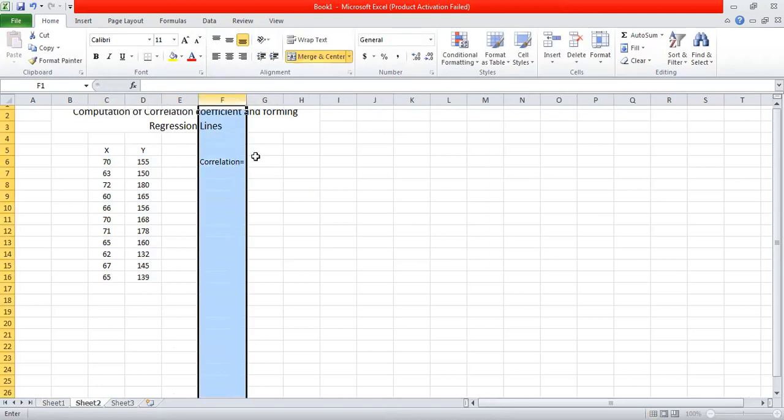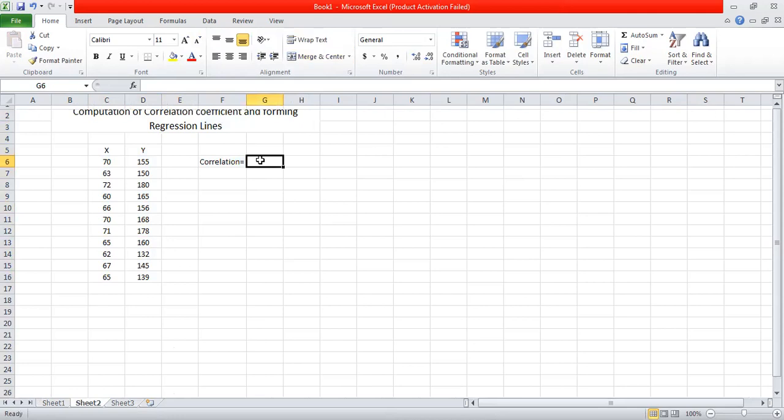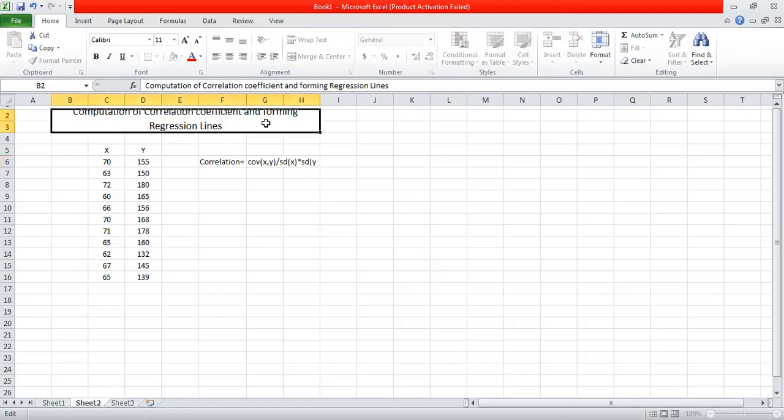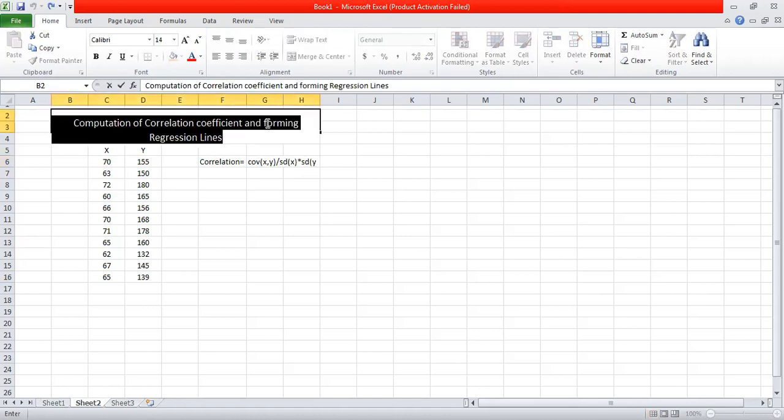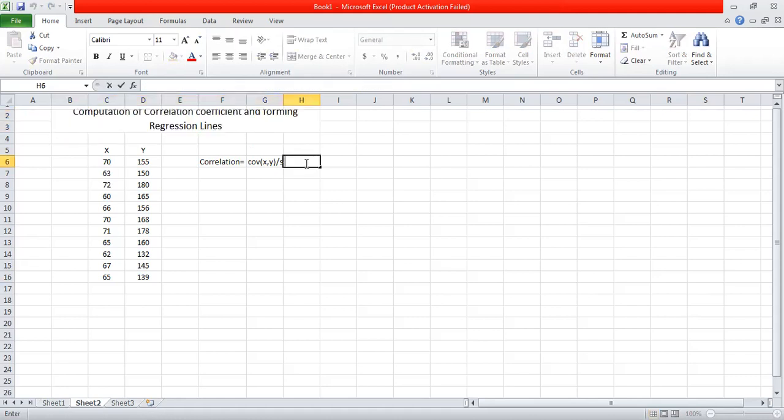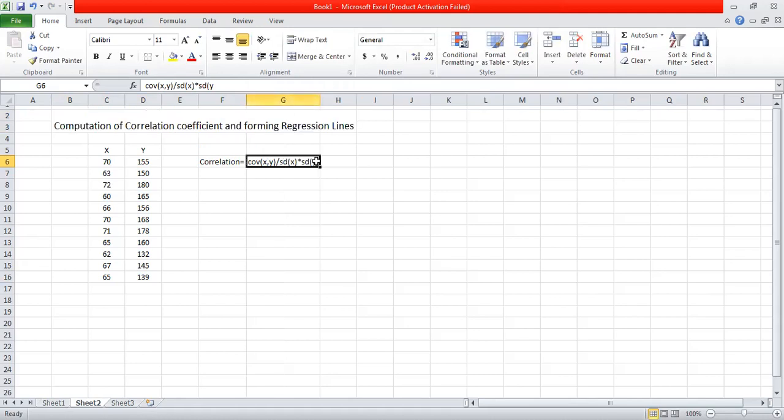The formula for correlation is covariance of X comma Y divided by sigma X into sigma Y, that is, standard deviation of X into standard deviation of Y. This is the general formula of the correlation.